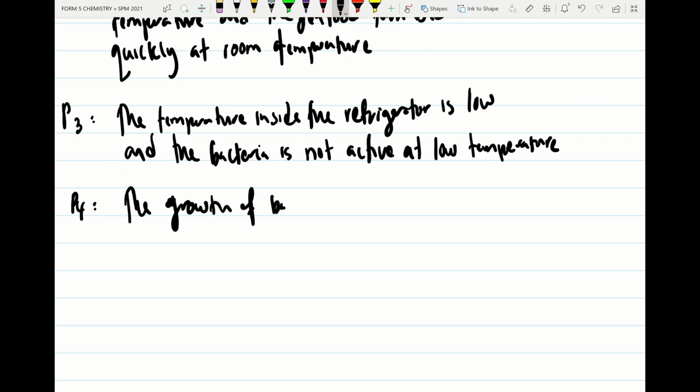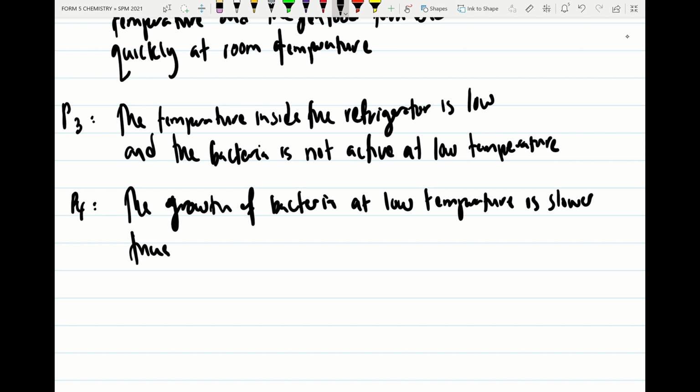Point number 4, the growth of bacteria at low temperature is slower, thus bacteria produce less toxin.